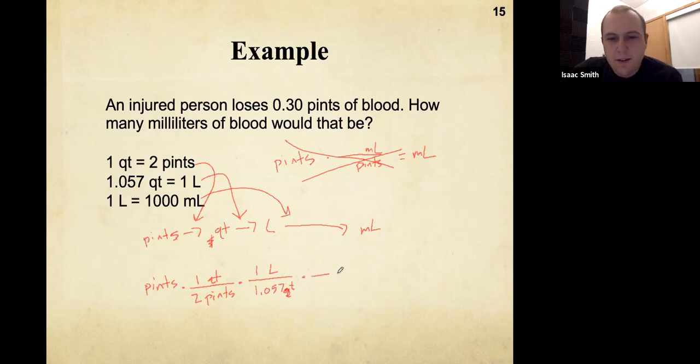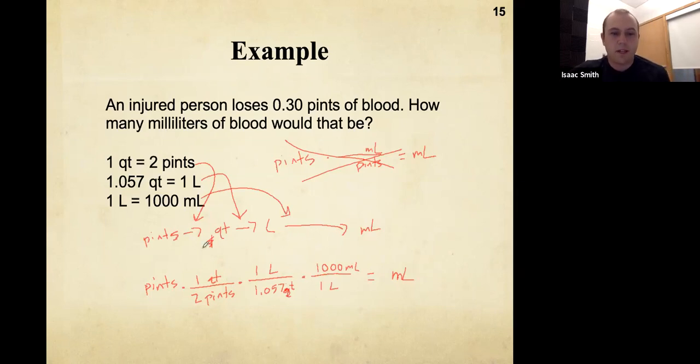And then we have this final conversion factor, which takes us from liters to milliliters. Hopefully you can see I'm using all 3 conversion factors to finally get us to milliliters.